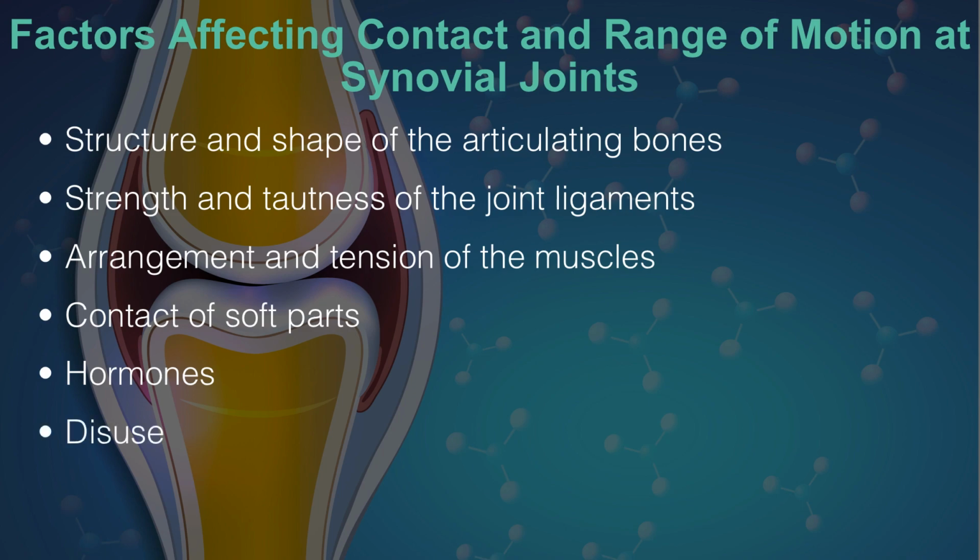And lastly, the use of your joints can limit range of motion. Constant, regular use keeps the tendons, the capsule, the muscles supple and loose. The synovial fluid stays fluid. If you don't use joints regularly, if you're stationary or undergoing bed rest for surgery, if your muscles atrophy, disuse makes that synovial fluid more viscous and hard and gluey, also resisting motion and limiting the range of motion at the joint.